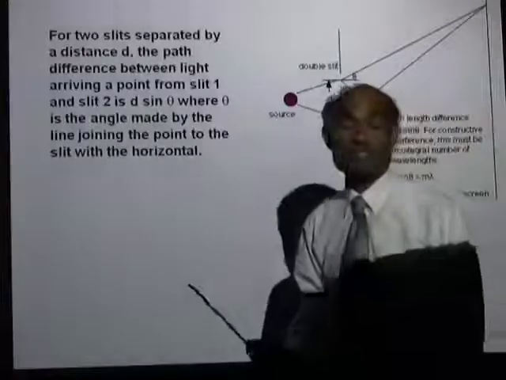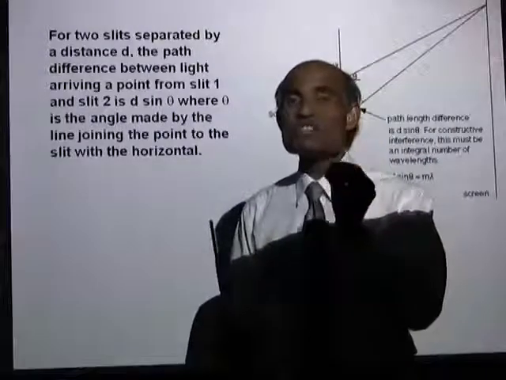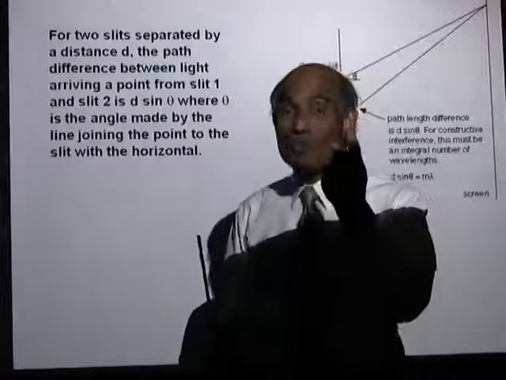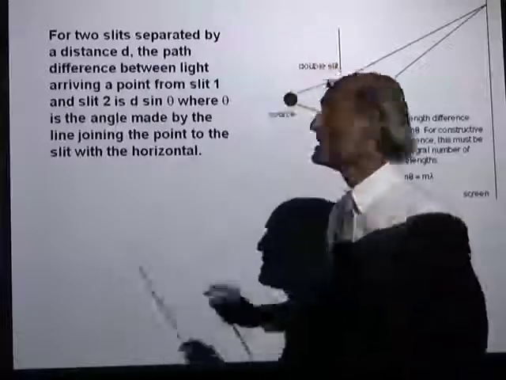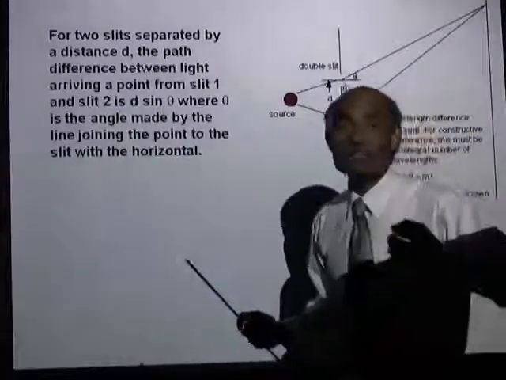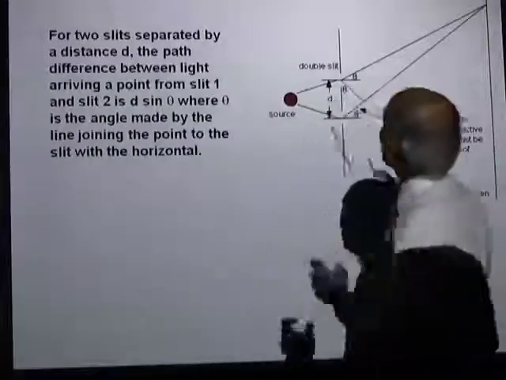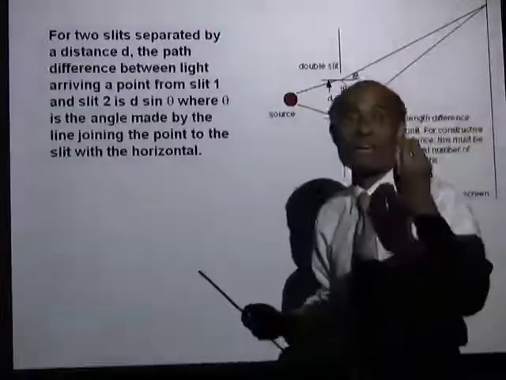Now remember our discussion on wave motion. If the path difference is an integer multiple of a wavelength, then the waves will be meeting in phase. So if this path difference is 1 lambda, 2 lambda, 3 lambda and so on, these two lights will meet in phase producing bigger light.